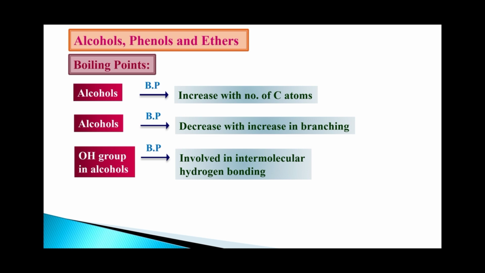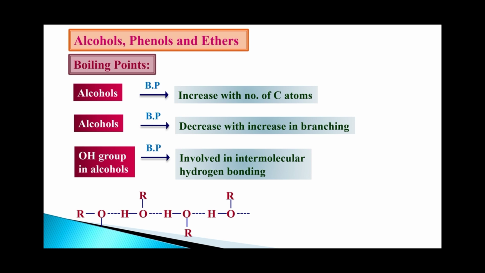How is it? See, in the OH group you have hydrogen and oxygen, which will have intermolecular hydrogen bonding. Due to the intermolecular hydrogen bonding, they have a higher boiling point than the corresponding hydrocarbons and ethers.